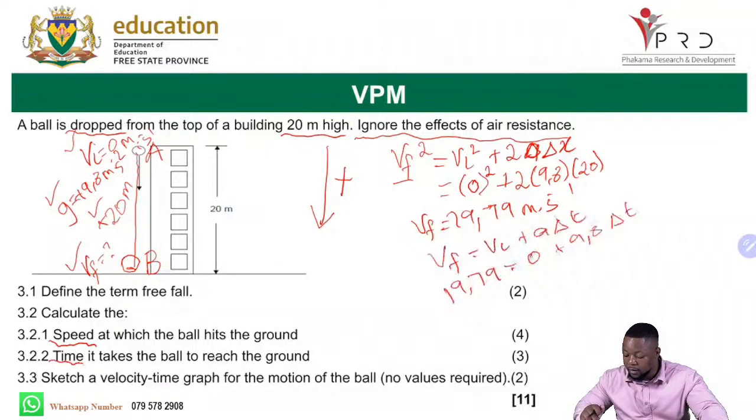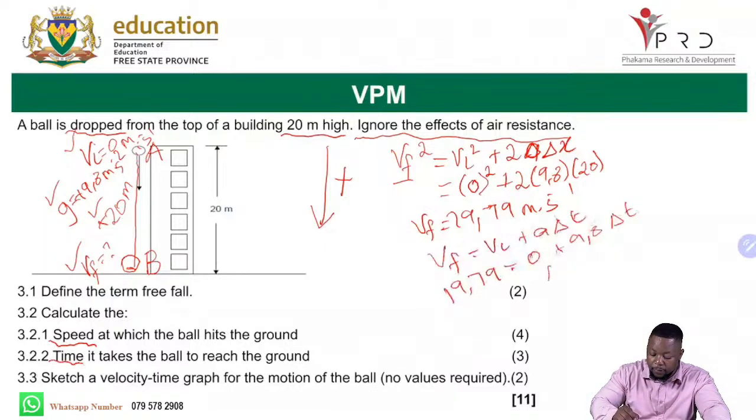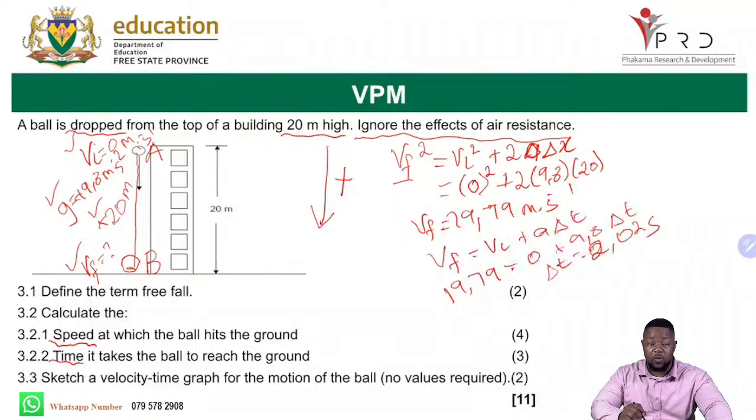So we divide that by 9.8, and then we should be able to see that our delta t in this case will be 2.02 seconds.